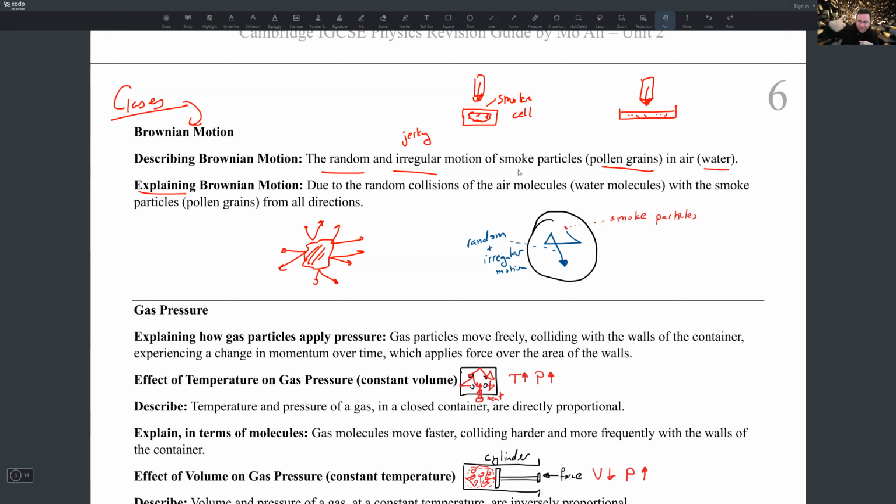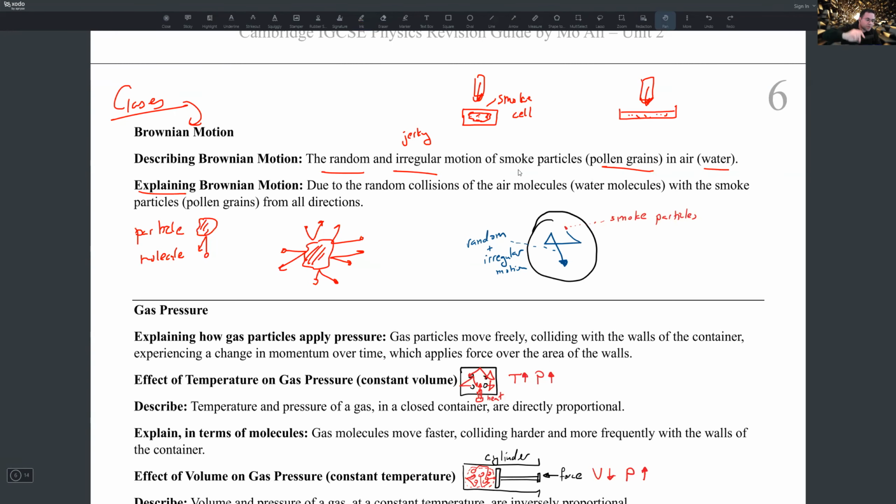Air molecules collide with smoke particles. So in this assumption, the word particle is larger and the word molecule is smaller. So an air molecule or water molecule is smaller than the smoke particle, okay? So the air molecules collide with the smoke particle.